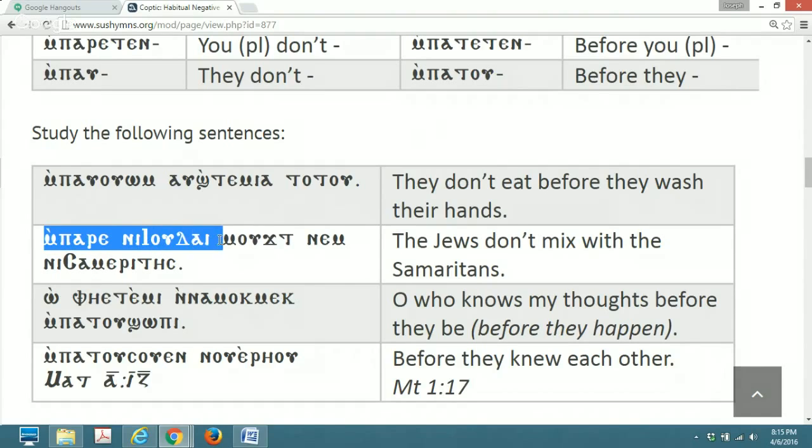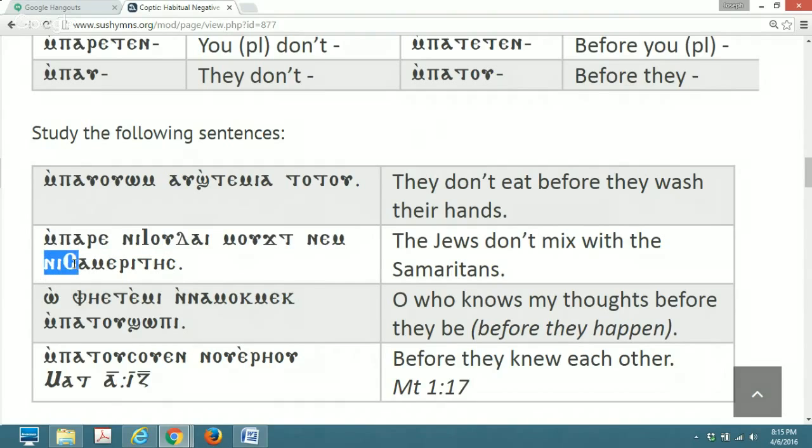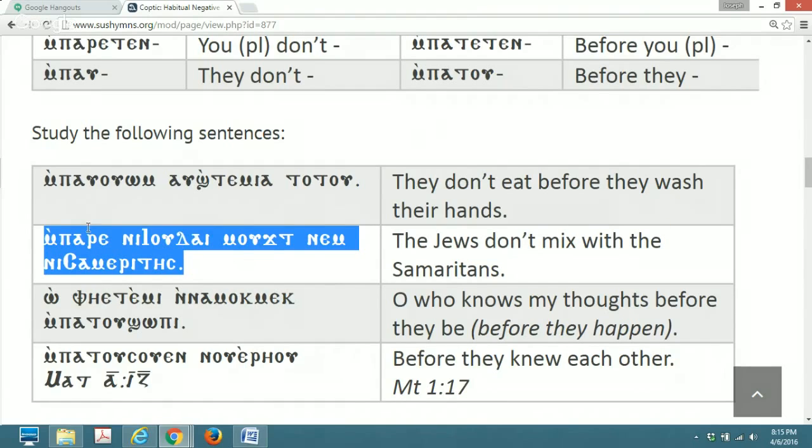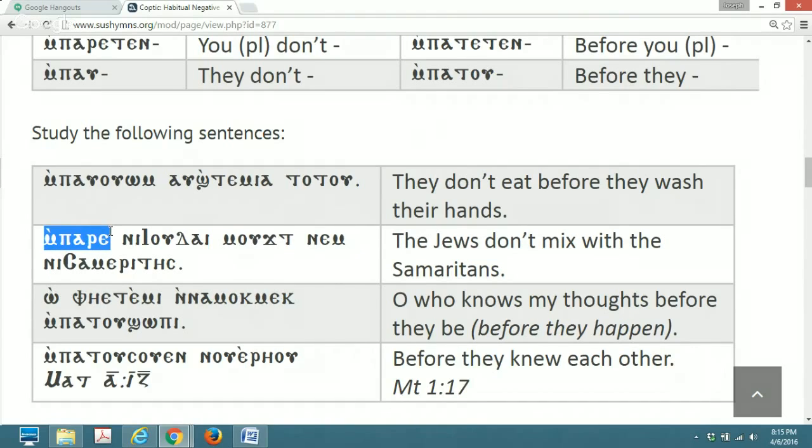So the Jews do not mix or mingle nem with ni Samarites, the Samaritans. So the Jews do not mix with the Samaritans. And again, it's the habitual tense, so that means it's an inherent truth. It's just something that's kind of accepted back then, at the time, that the Jews would not mix with or mingle with the Samaritans. So empare ni Judai mogt nem ni Samarites.